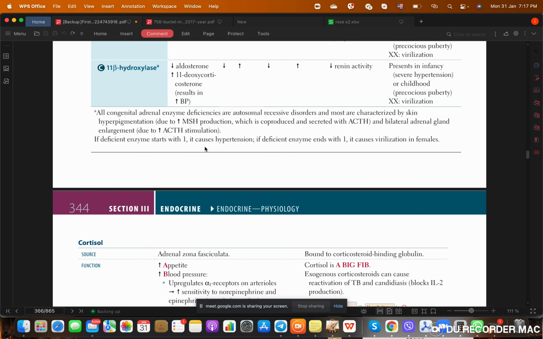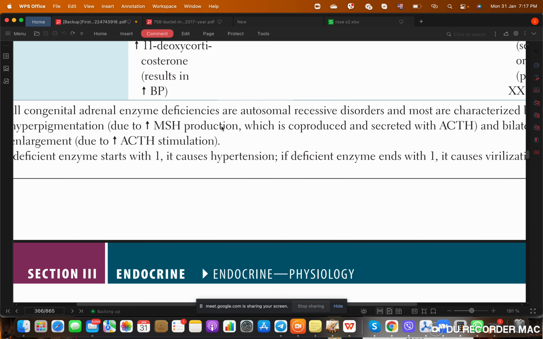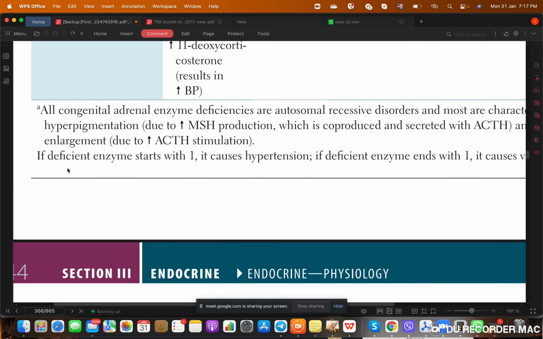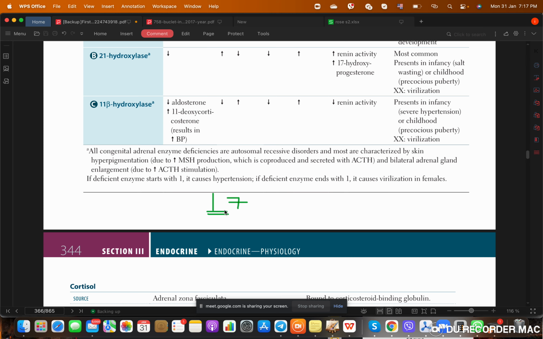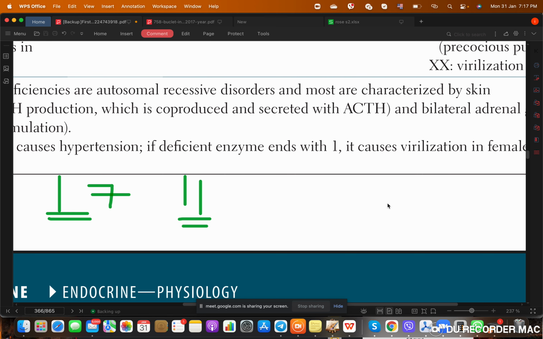Okay, let me say it again. If the deficient enzyme starts with 1, it will lead to hypertension. So 17, does it start with 1? The answer is yes. 17 hydroxylase deficiency will lead to hypertension. Well, what about 11? Yes, it will lead to hypertension. Well, what about 21?